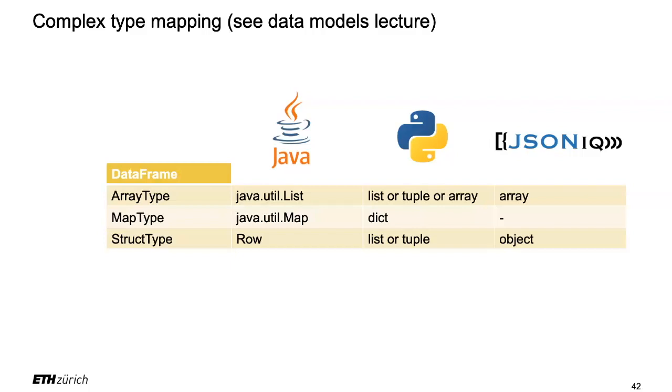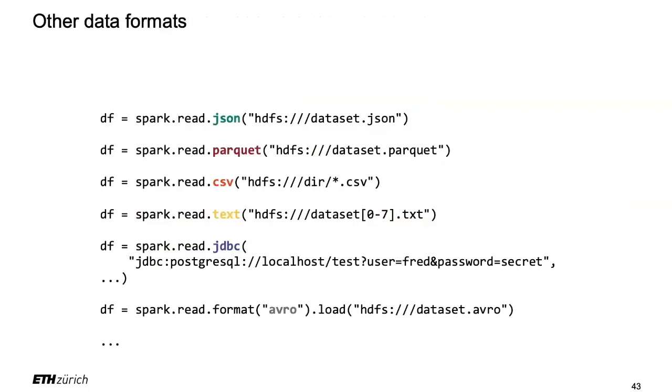There's also more to it, but I don't want to annoy you. You don't need to worry too much about maps. It's array and structs that are important, and they correspond to arrays and objects in JSON. I already put JSONiq because we're going to study the language in a few weeks, but it's the same ecosystem as JSON, XML schema, JSON, and so on.